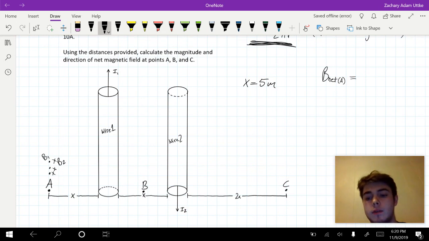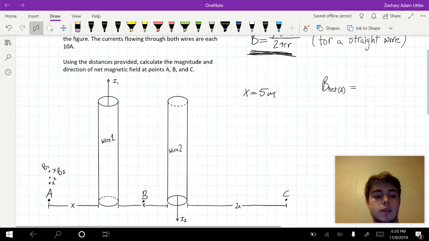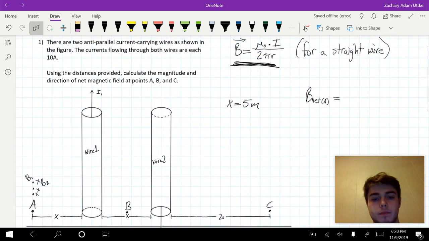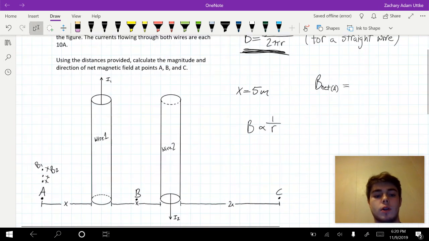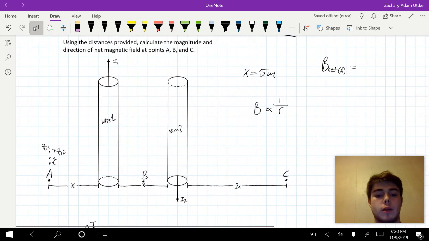And now, without doing any math, if we think about this conceptually, from our equation, we see that B is inversely proportional to R, the distance. So because wire 2 is really far away from point A, it has a large distance and a small magnetic field.